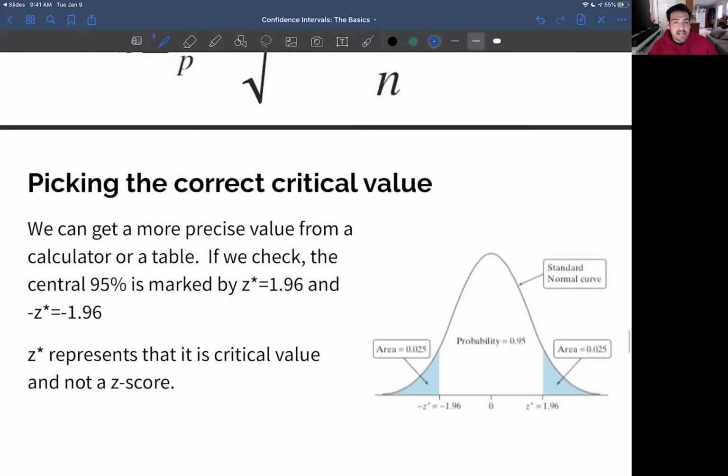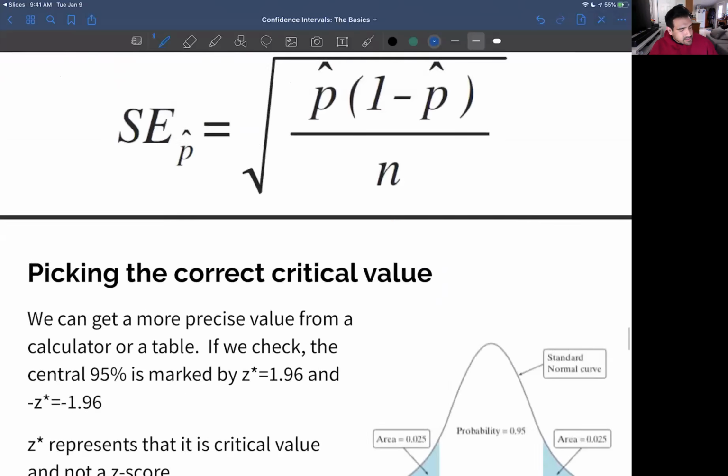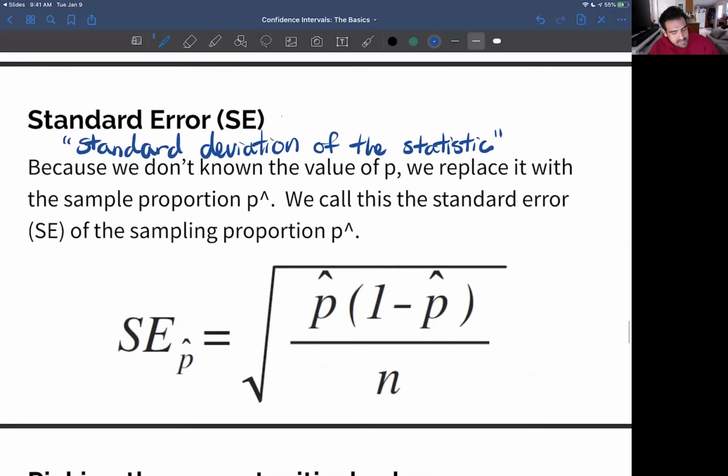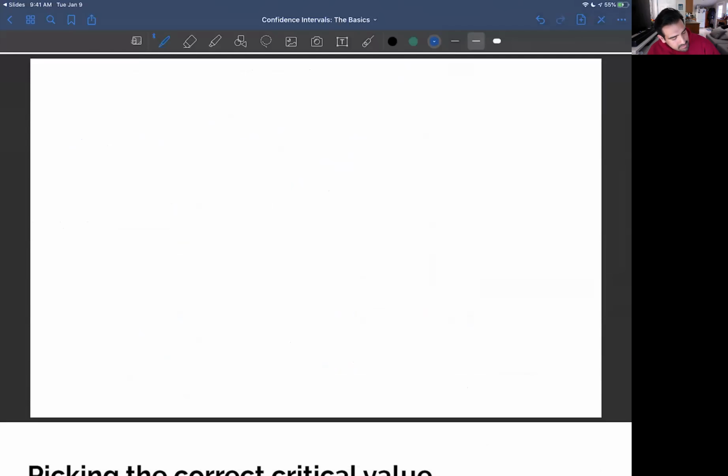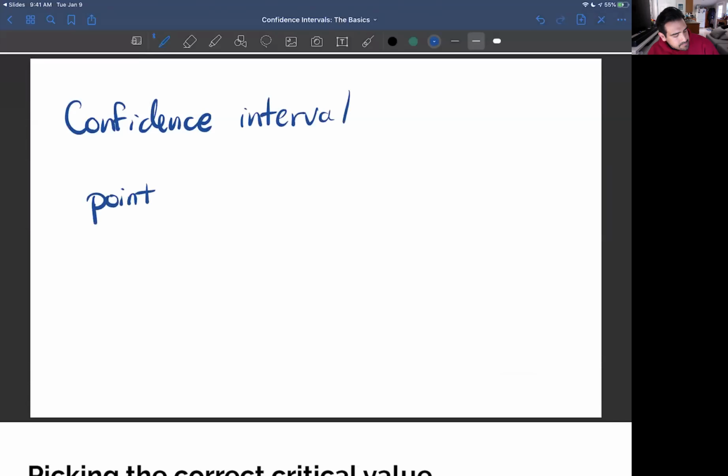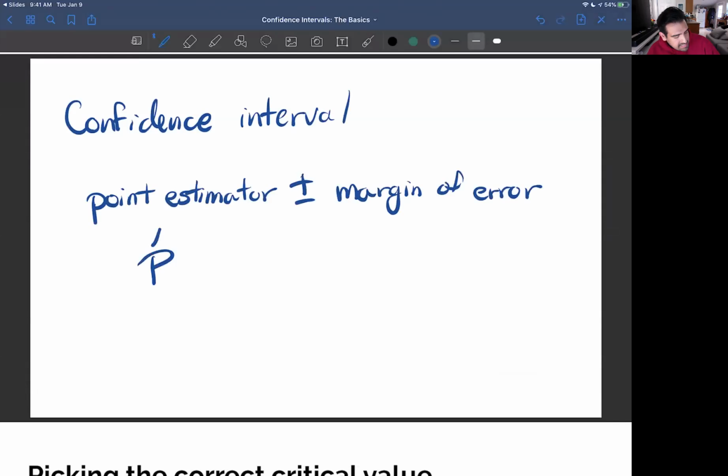So let's pick the correct critical value. Take a quick recap. A confidence interval is known as the point estimator plus or minus the margin of error. The point estimator here specifically being p hat.